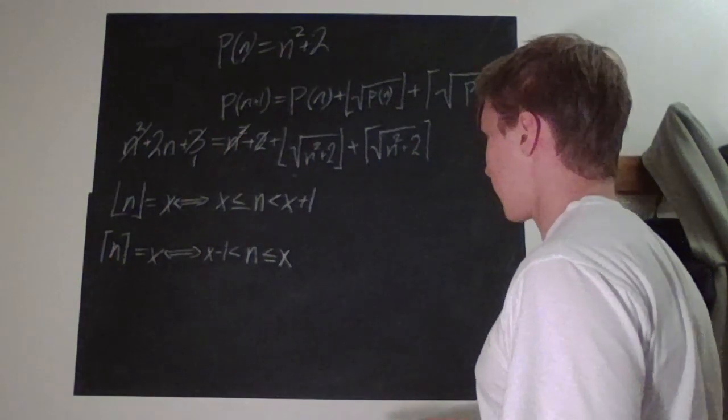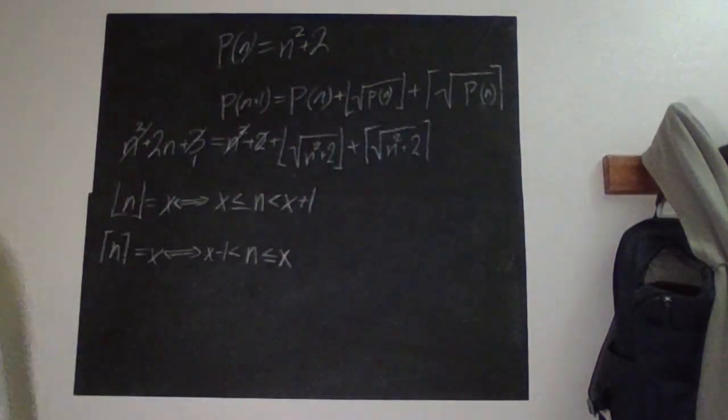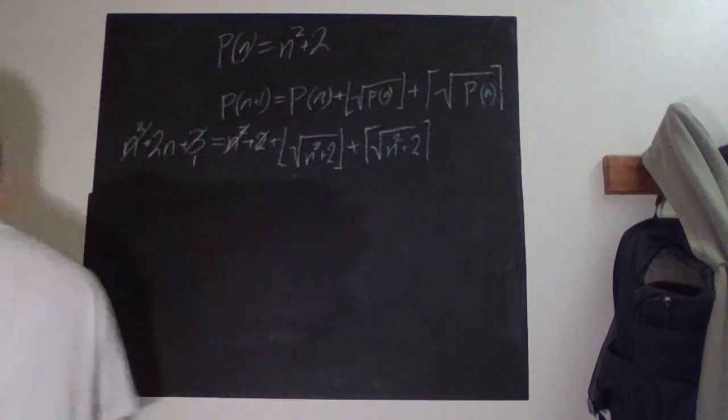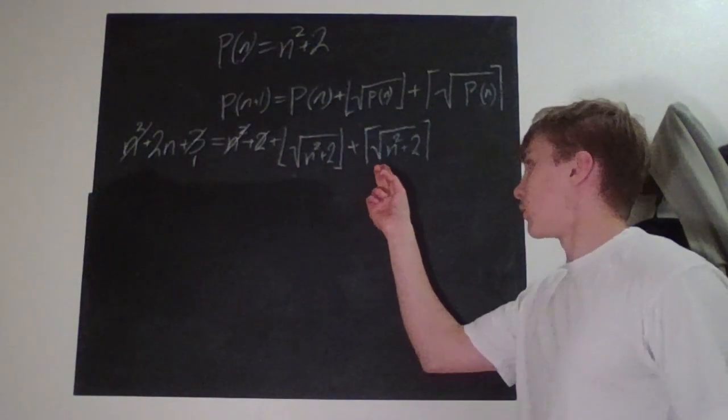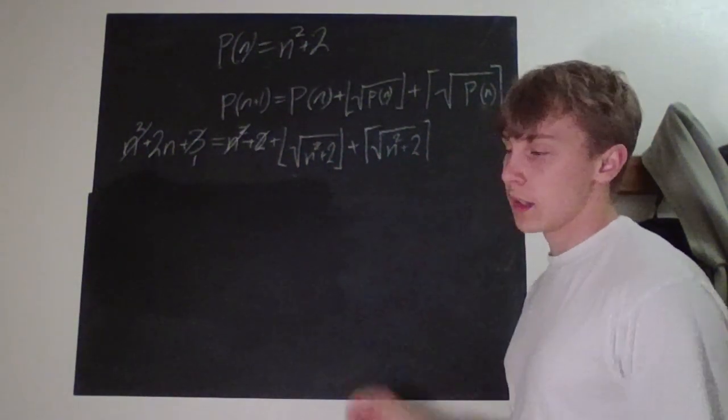And also, what is roof of square root of n squared plus 2?